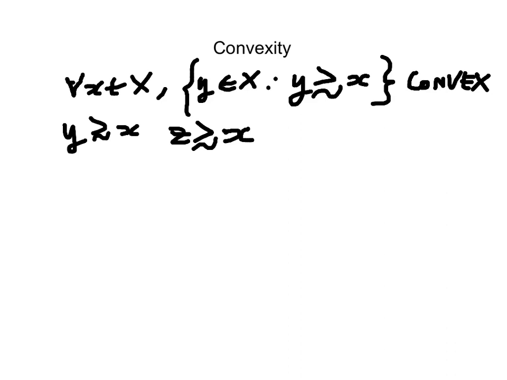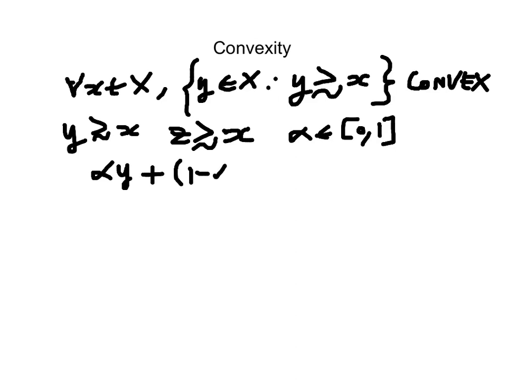The linear combination, so I need alpha, which is a number between 0 and 1. The linear combination between these 2 points must also be in the upper contour set, so it must be at least as good as x. That is the requirement here.